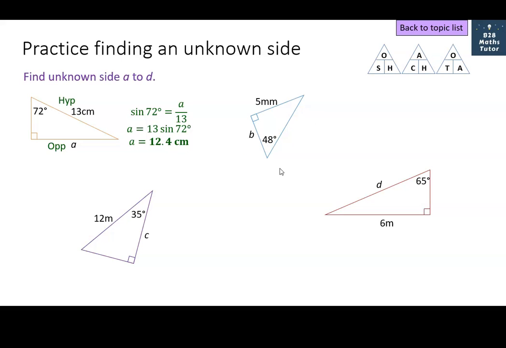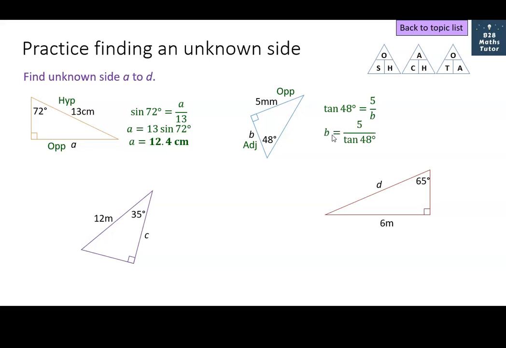For the blue one, we've got the opposite and the adjacent. We're not interested in the hypotenuse for this one. So if we're dealing with opposite and adjacent, we need the TOA triangle. So tan of 48 is the opposite, which is 5, divided by the adjacent, which is b.